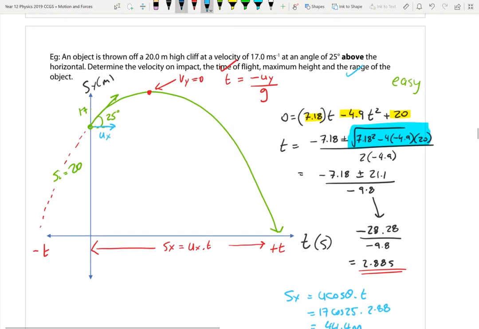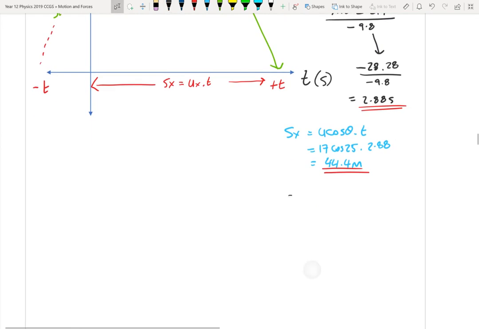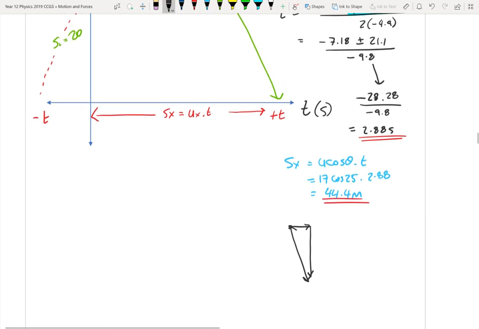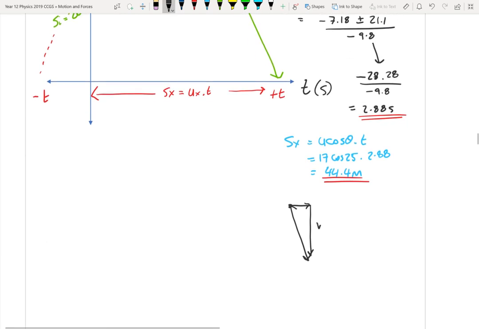The velocity on impact is going to require a quick little sketch. It's going to hit the ground doing something like that. We know the discriminant was 21.1. The horizontal component initially was 17 cos 25, which is 15.4.